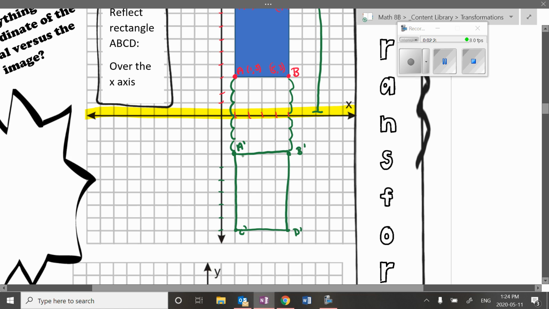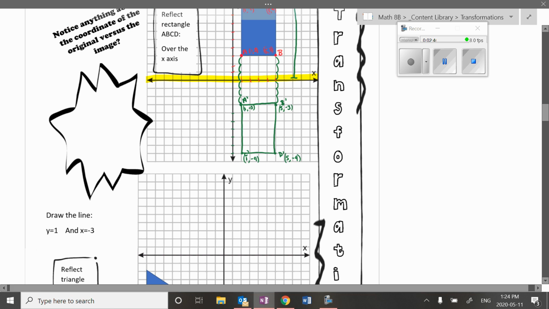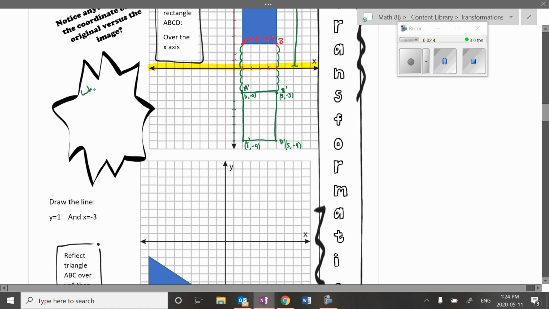If we write out our coordinates again, A is still 1 to the right, but now it's down 3. B is still 5 to the right, also down 3. C, 1 to the right, but down 9. D, 5 to the right, and down 9. So a pattern that we can notice here: when reflecting over the x-axis, the x variable is the same.